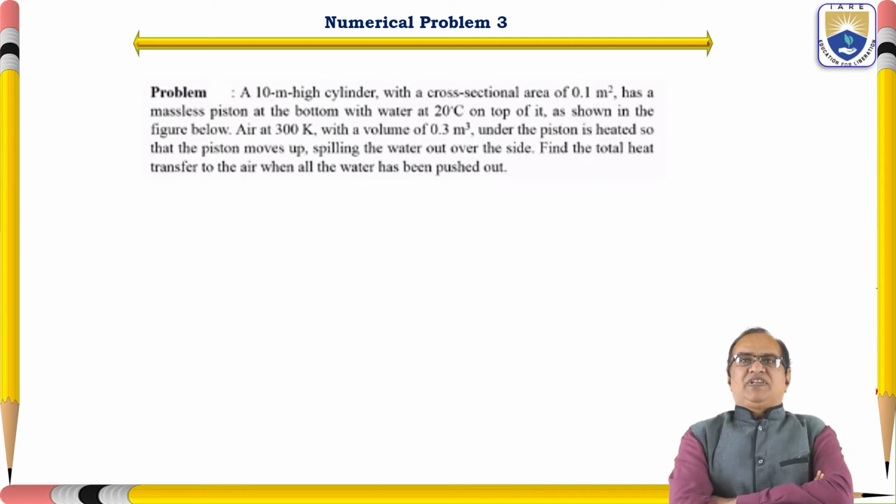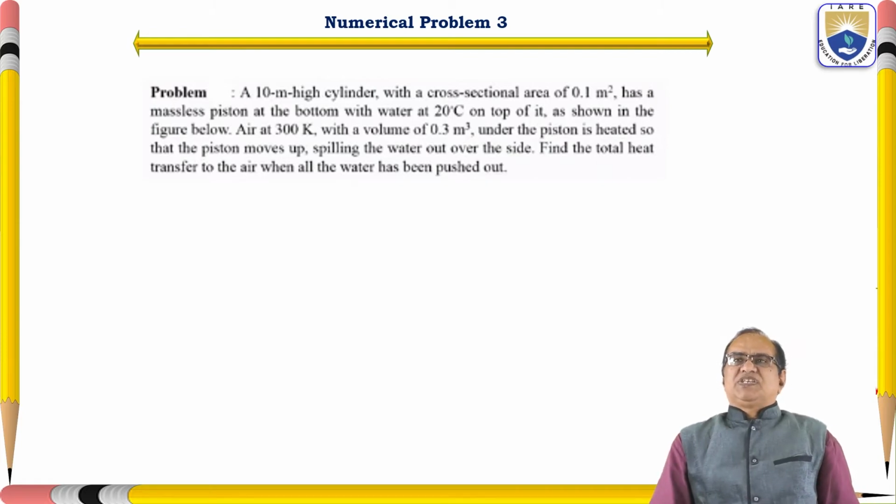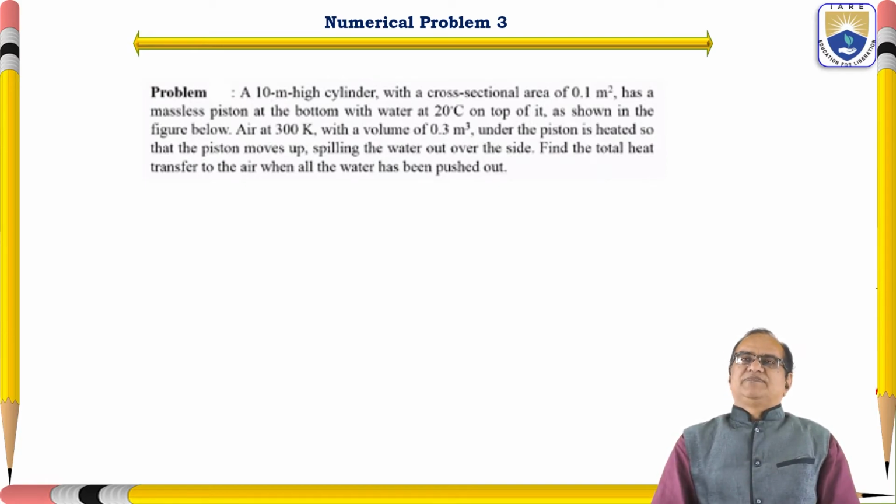Air at 300 Kelvin with a volume of 0.3 meter cube under the piston is heated so that the piston moves up, spilling the water out over the side. Find the total heat transfer to the air when all the water has been pushed out.